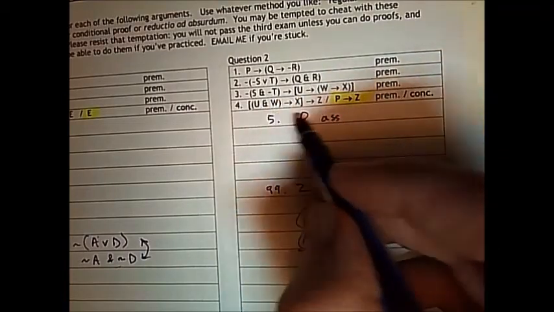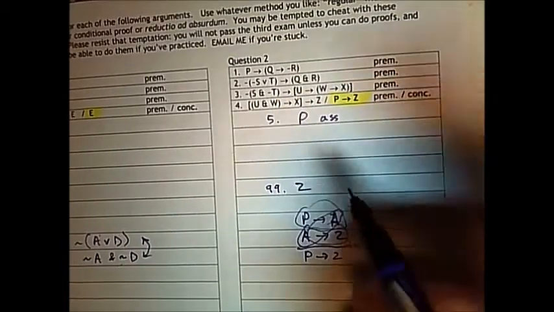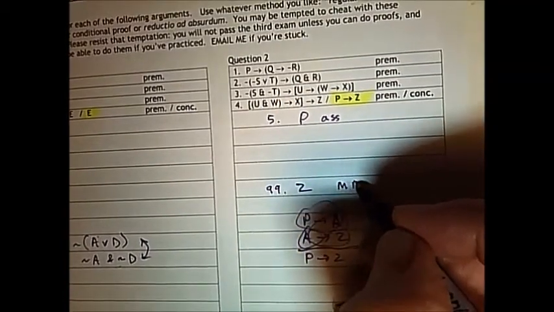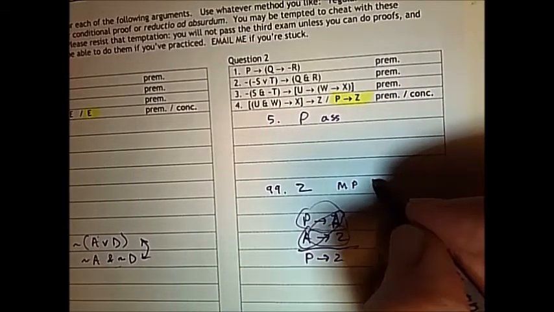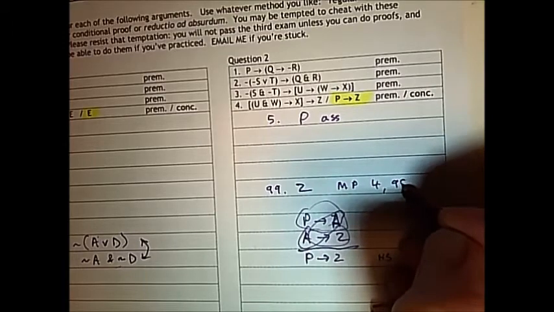Actually, it's probably by modus ponens, given that it's the consequent there. So let's say modus ponens, whatever lines. Well, one of them lines is, it would be 4, 98 probably.